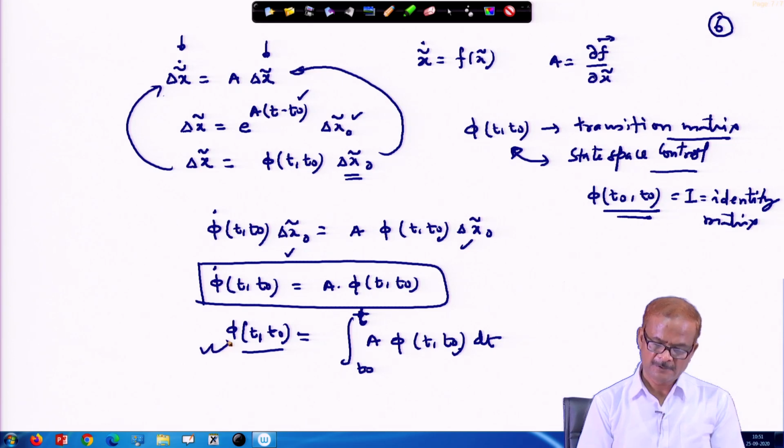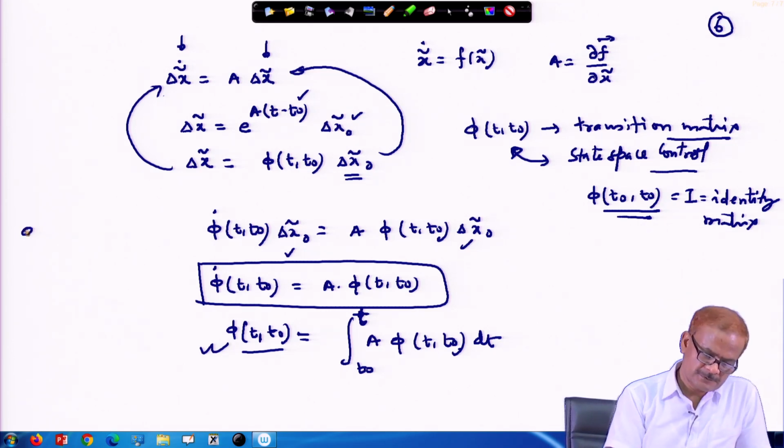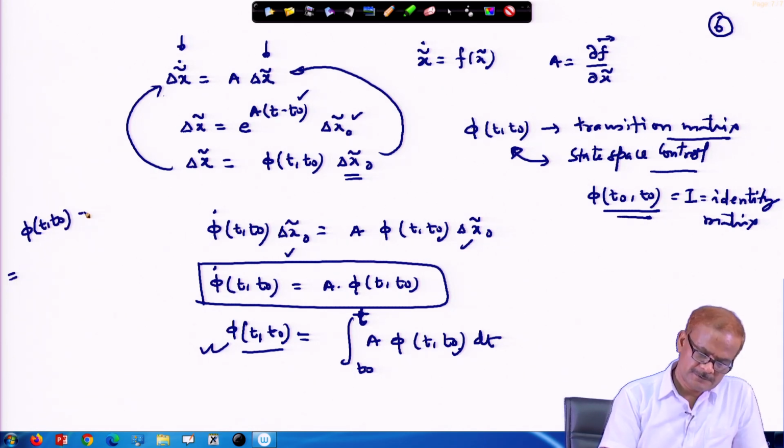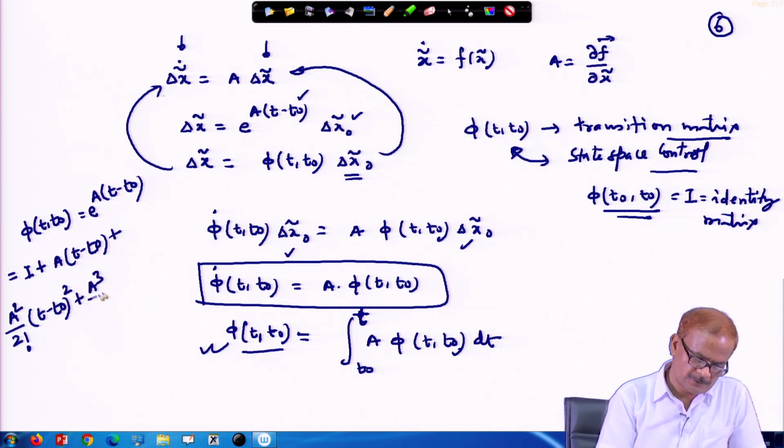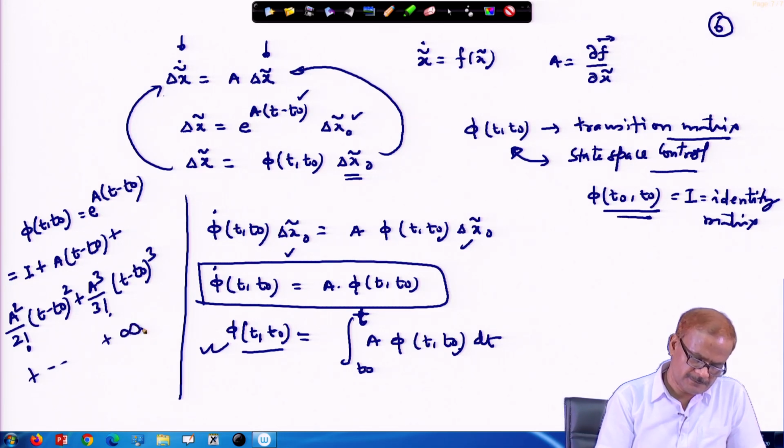or either this transition matrix is also written as equal to e to the power A t minus t 0. So, this is I plus A times t minus t 0 plus A square by 2 factorial, where A is a matrix, remember this is the Jacobian matrix, t minus t 0 square, plus A cube by 3 factorial t minus t 0 whole cube, and so on up to infinity.